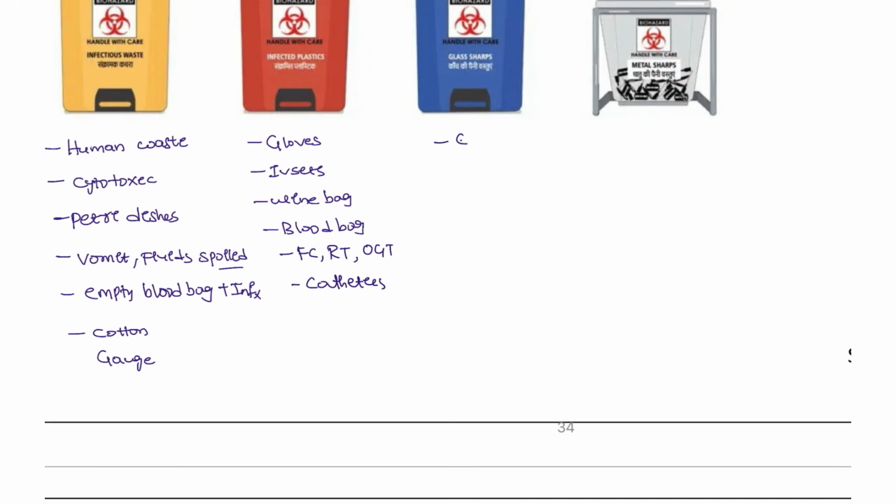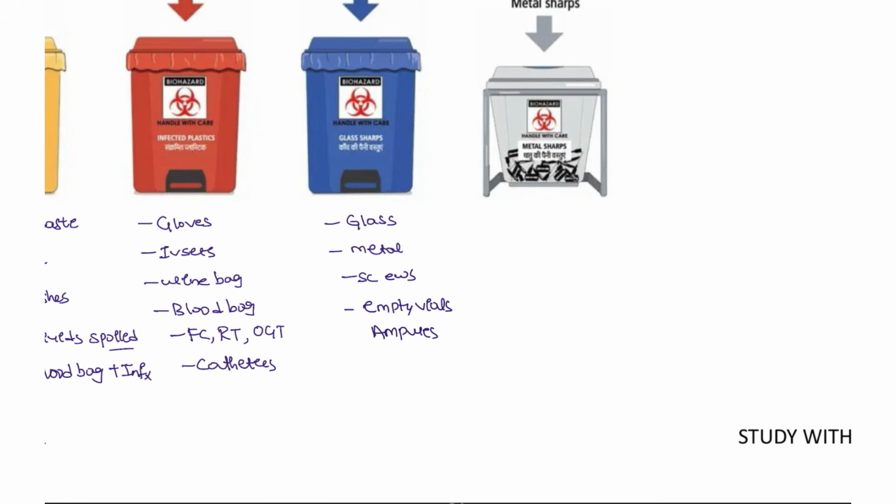Next, blue color is mostly for the glass, metals, right, screws, and empty vials, ampoules, right, empty vials, ampoules, that are thrown here in the blue color.